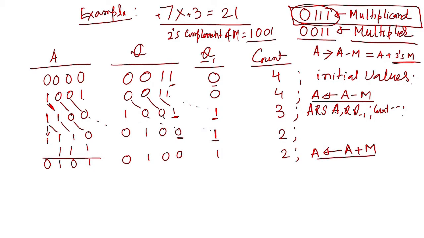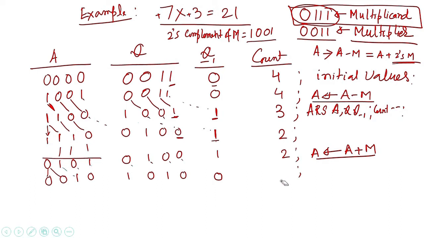What next? Next, after the addition, we have to do the arithmetic shift right. If you perform the arithmetic shift, this will be 0 and this will also be here. So, this will be 1, this will be 0, and so on. Okay. So, what is the counter value? This is 2.